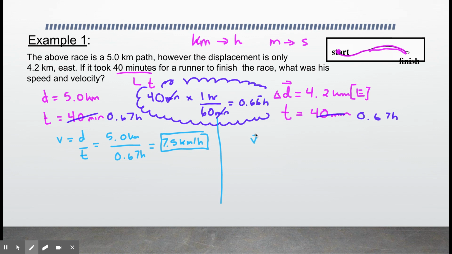Velocity, put an arrow above it to indicate that it is velocity because it's a vector, is displacement, so it has an arrow, divided by time. 4.2 kilometers. This is east.